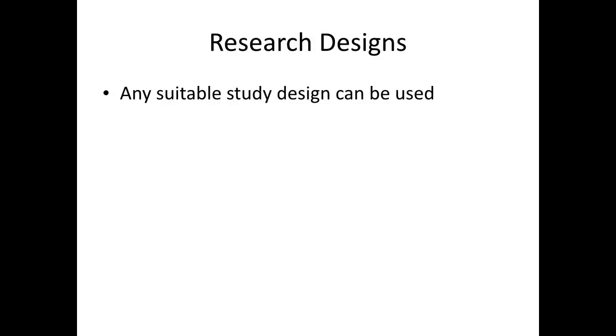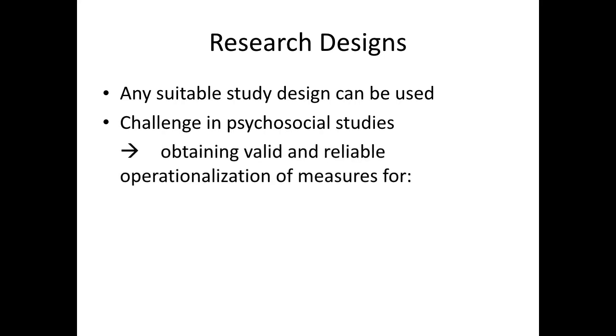So, what is the research design? Any suitable study design can be used in those studies. However, you will face certain challenges when you do psychosocial studies. The problem is that it is hard to determine valid and reliable operationalization of measures for stress, mental health, and social support.